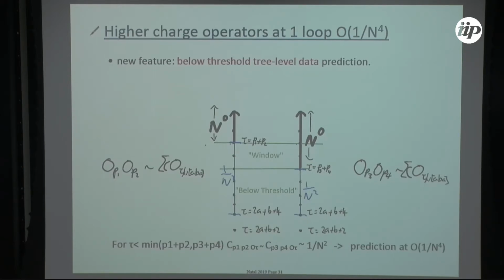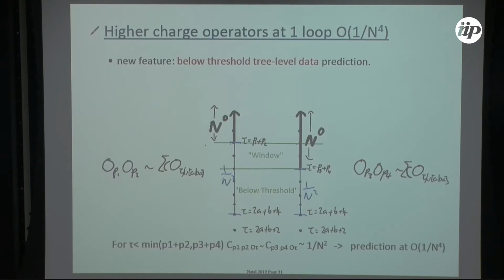So here I'm drawing, this is the twist, and I'm considering the spectrum of operators that you get from the OPE of O_p1, O_p2. And at leading order, you only get twists higher than p1 plus p2. But at order 1 over n squared, you also get operators of lower twist.